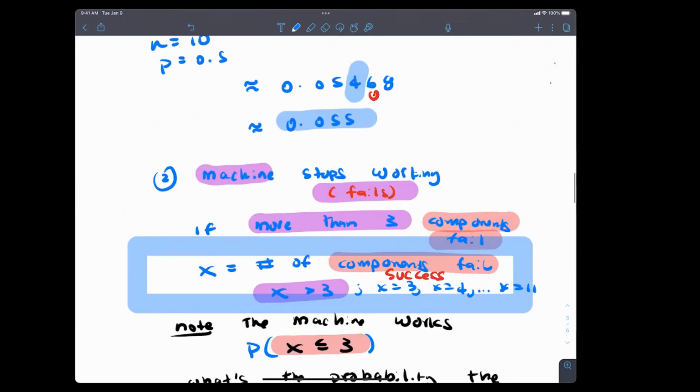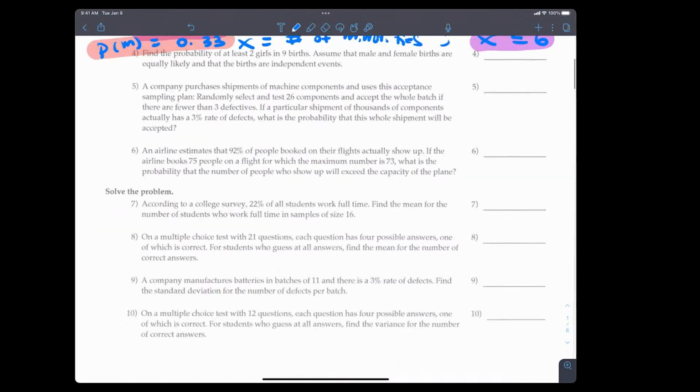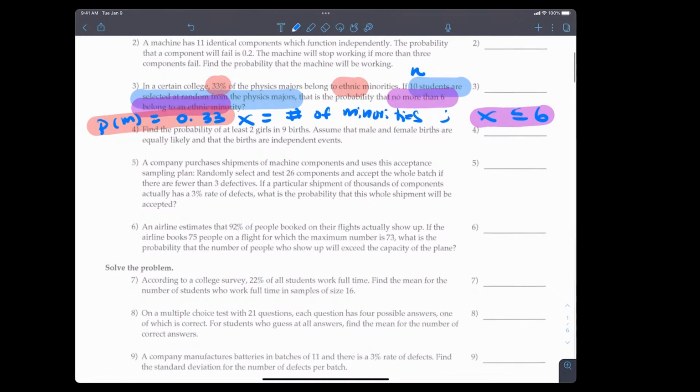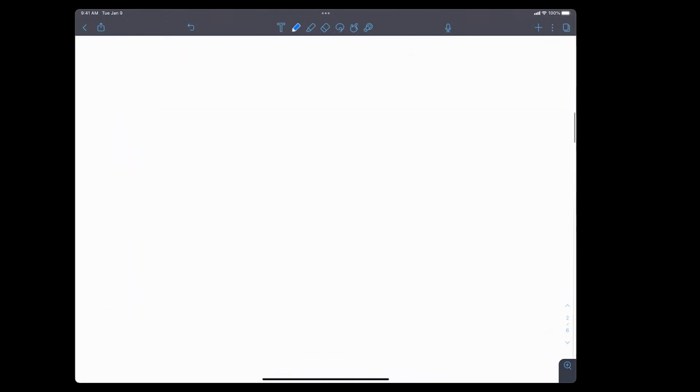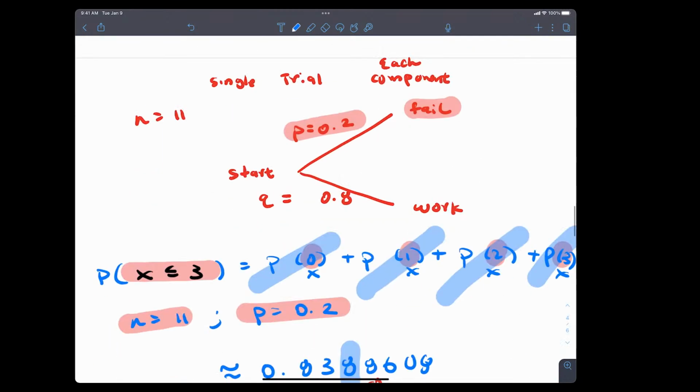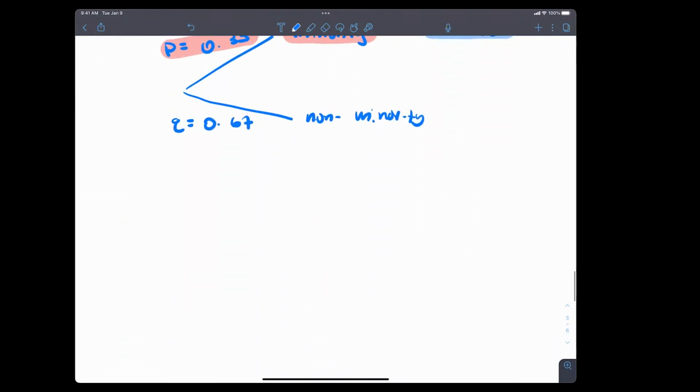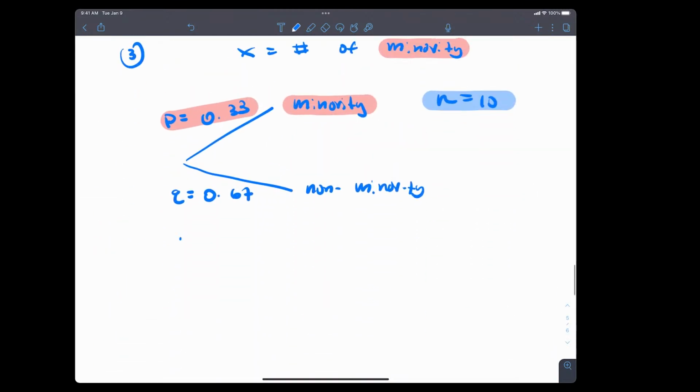So what did they say in number 3? No more than 6? Yes, X is less than or equal to 6. So let's look at this now. For number 3, they want to know what's the probability that X is less than or equal to 6.